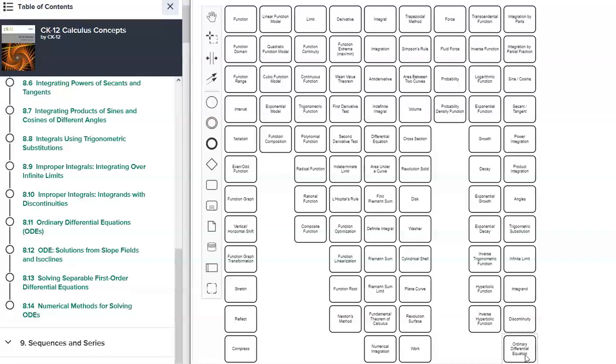Ordinary differential equation. And they're calling that ODE. Wow, what is this one? Solutions from slope fields and isoclines. Ooh, those are new ones. What is a slope field and what is an isocline? I say slope field, you say, I say isocline, you say, awesome.